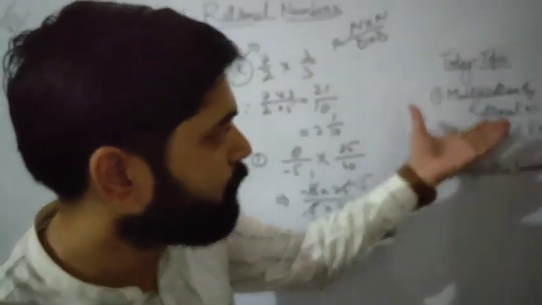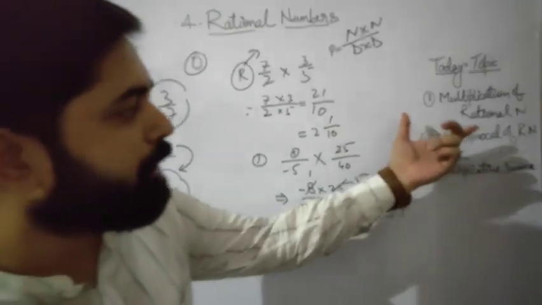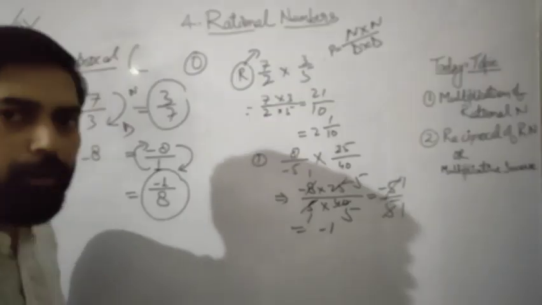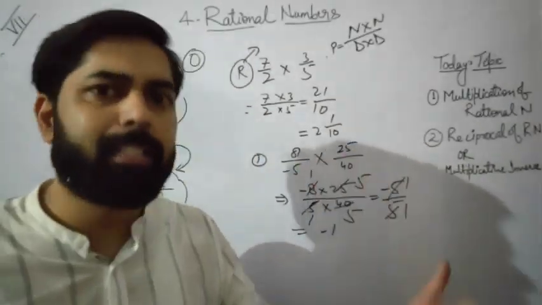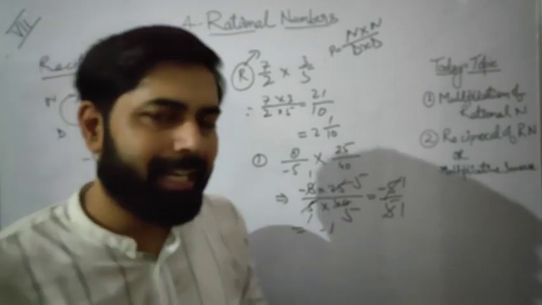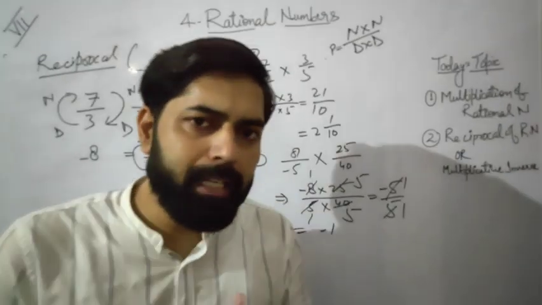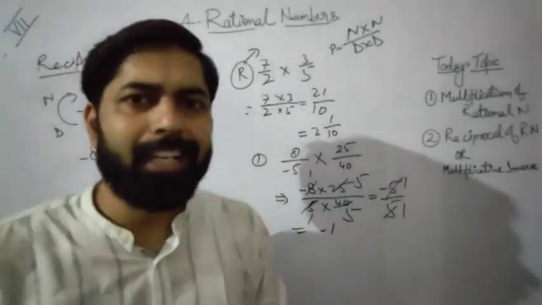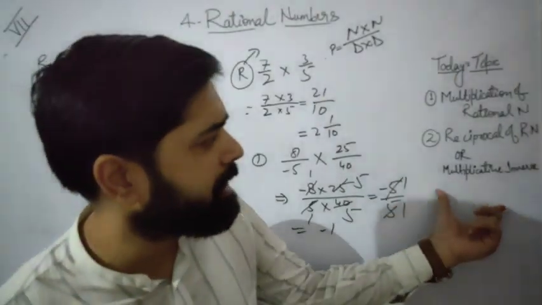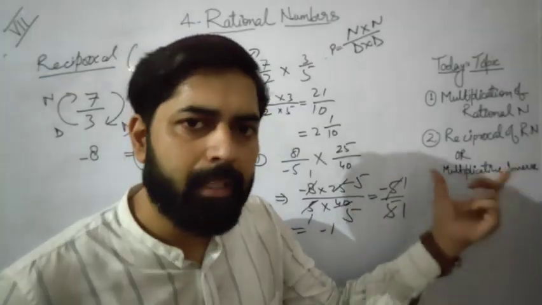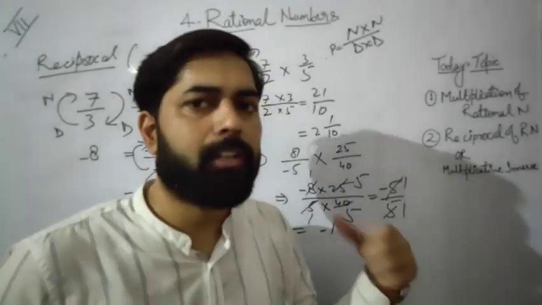So this is all for today. And today's topic, you know what it was? Multiplication of rational numbers and reciprocal of rational numbers. If there is any problem, then I will again re-explain in the next video, and in the next video I will explain the division of rational numbers, and once again I will explain, don't worry, the reciprocal of rational numbers or multiplicative inverse.